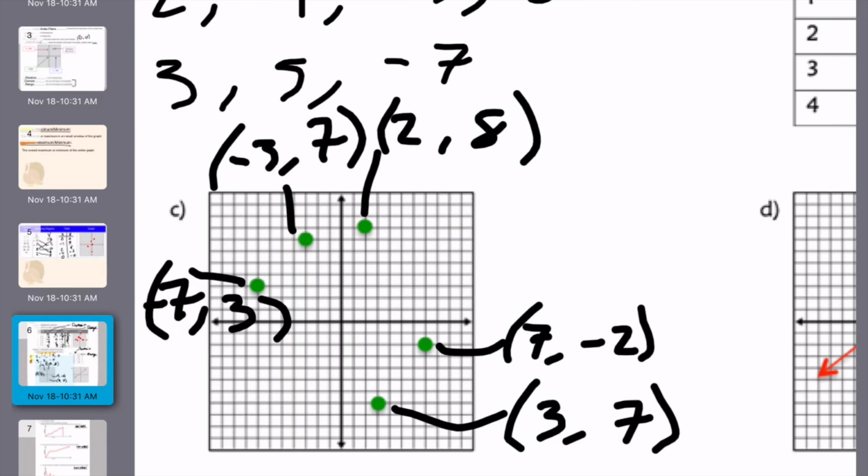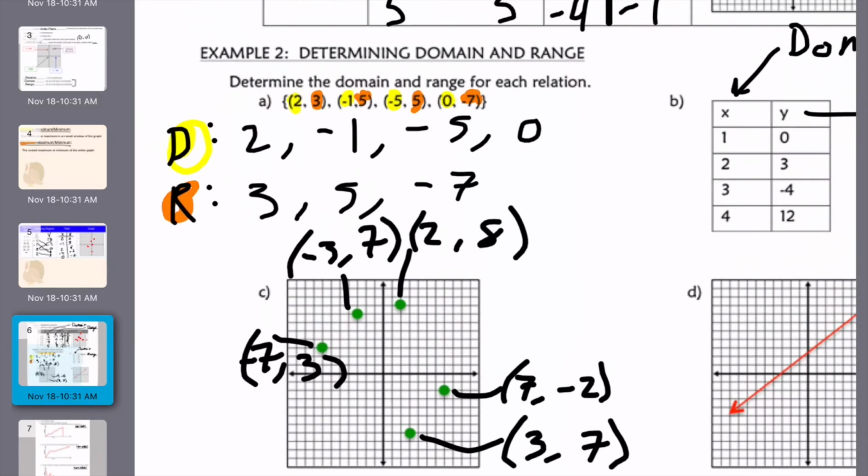So now I need to work on my domain and my range. So I'm going to put D. My domain is 2, 3, -3.